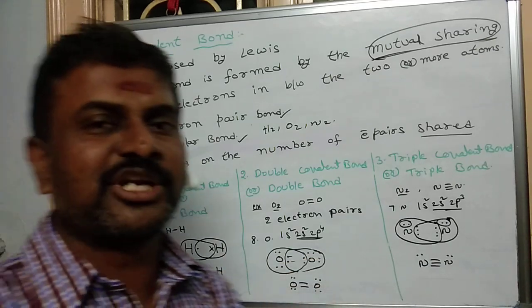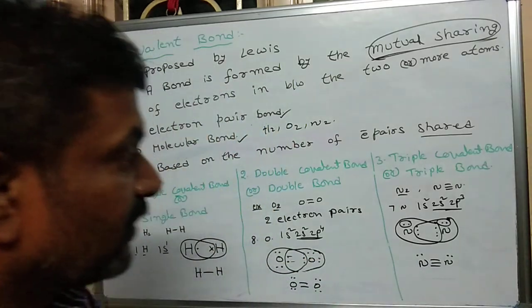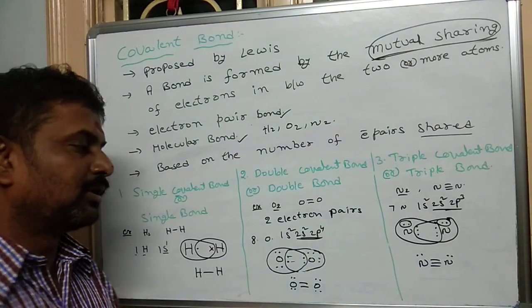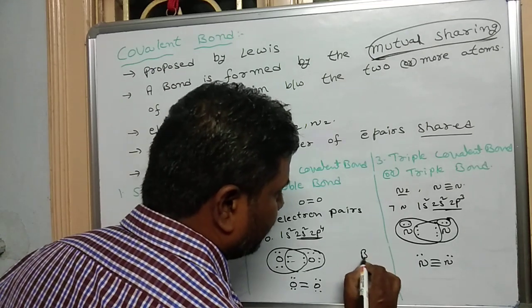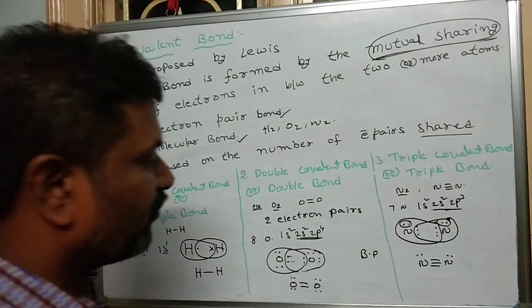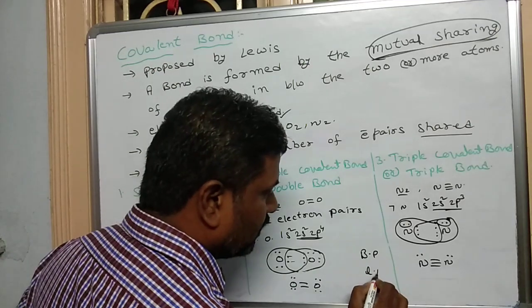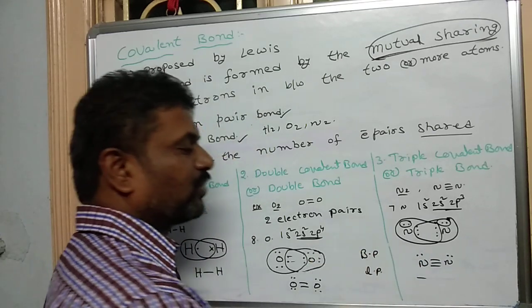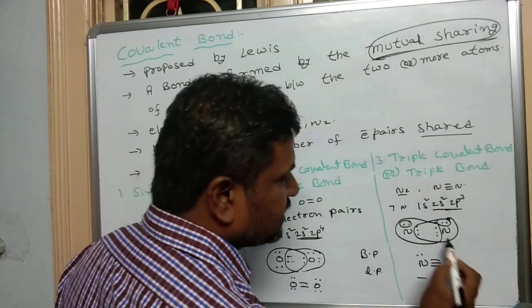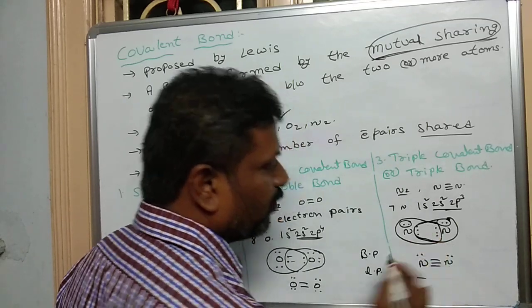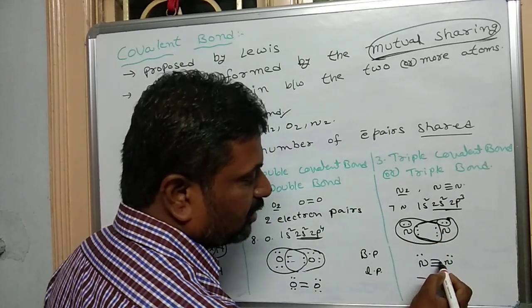Here one important point: the electrons involved in the bond formation are called the bond pairs. The electrons not involved in the bond formation are called the lone pairs. Observe the nitrogen example. In this, 3 electron pairs participate in the bond formation, giving the triple bond.